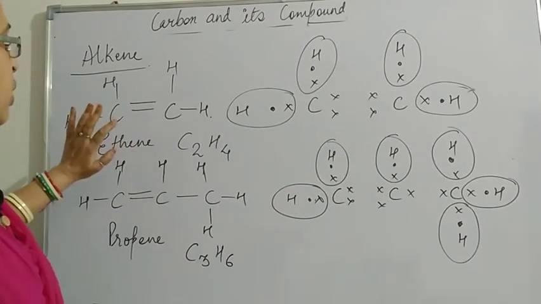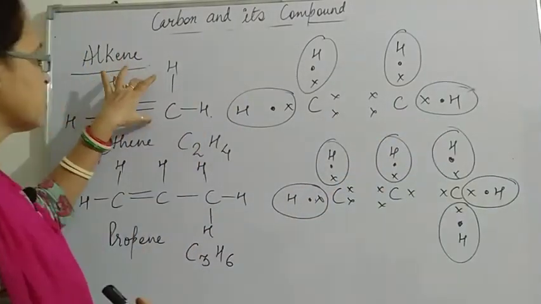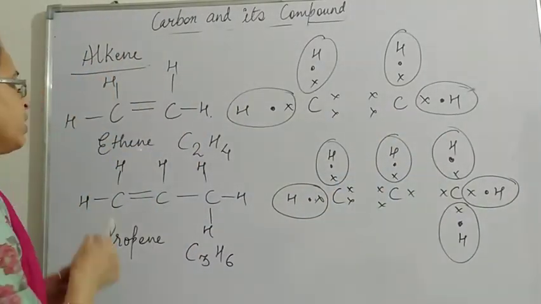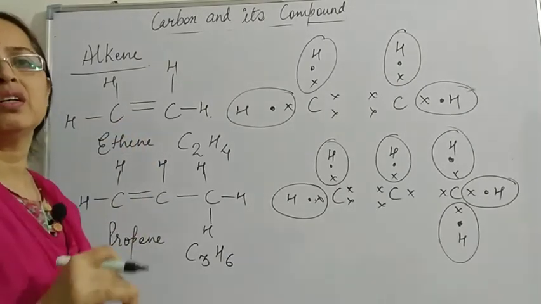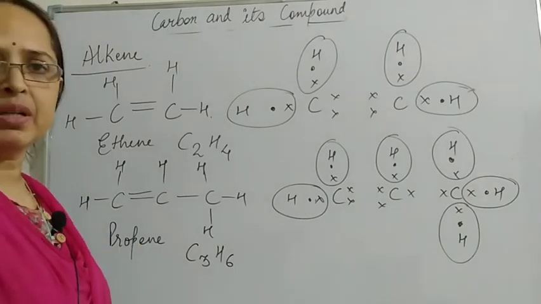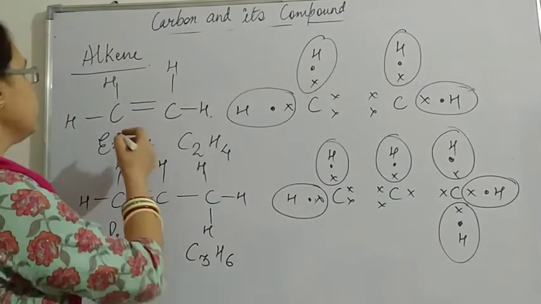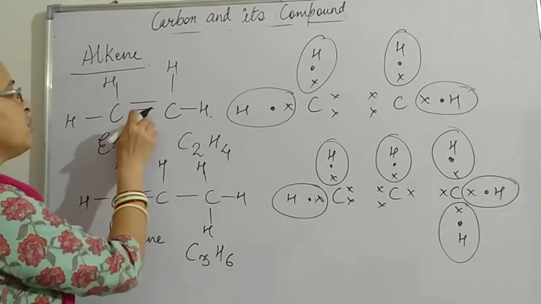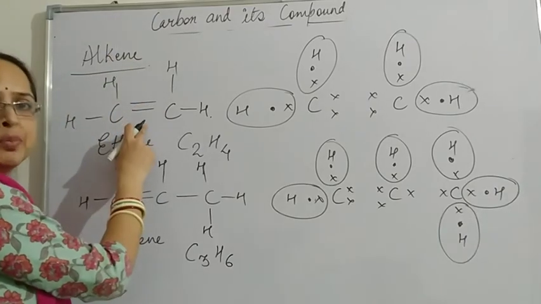So here now we'll discuss the structural formula. When we write the formula, we have to first of all remember the valency. First of all we have to fulfill the valency of the carbon, and the remaining valency should be fulfilled with hydrogen. So here we write 2 carbons, and in between the 2 carbons, since it is a member of alkene, it should be 2 bonds.